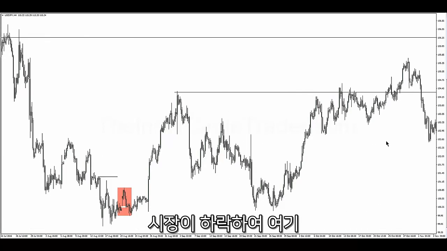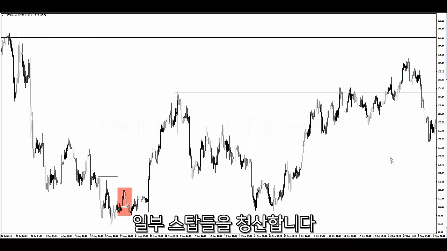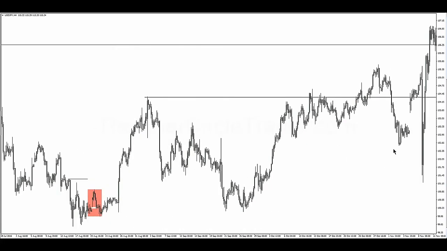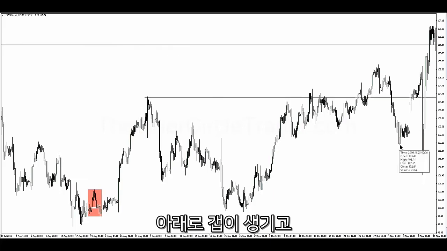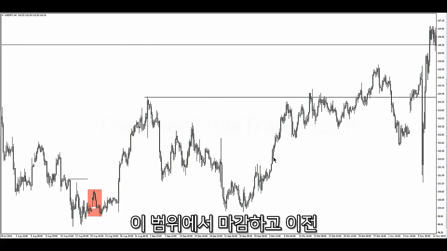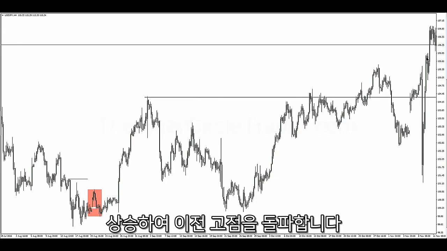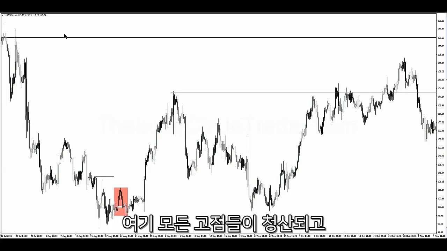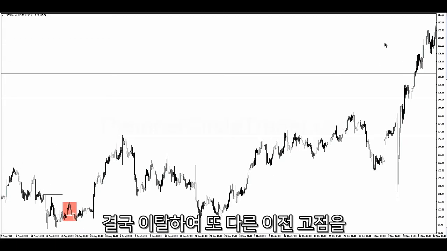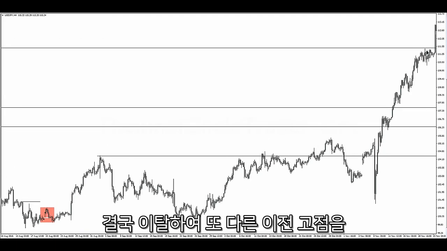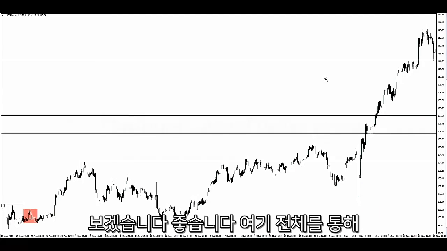The market trades down, clears out some stops in here, gaps down below on the election, closes in this range back down to a previous bullish order block, rallies through and hits the old high over here. All these highs are cleared out there, and ultimately takes off and runs out another old high, which we'll zoom out in a moment and see.